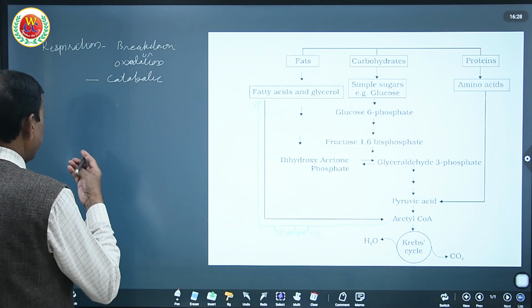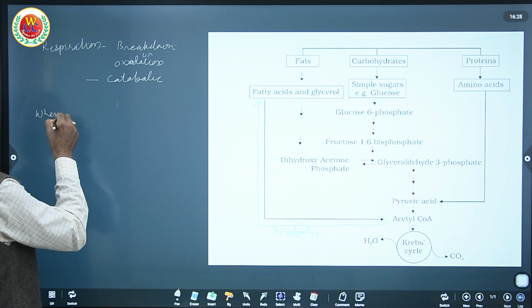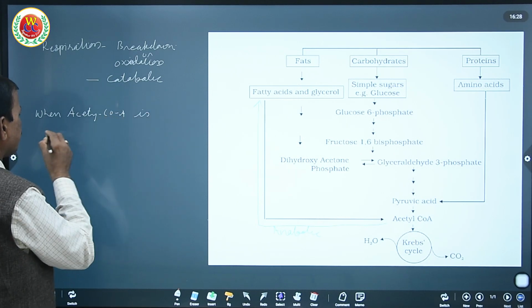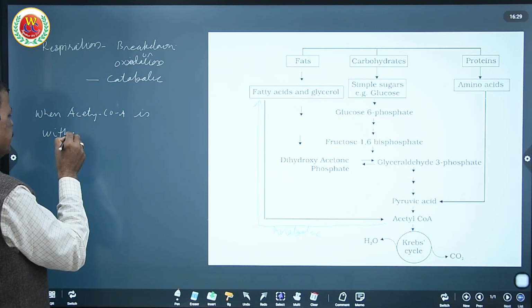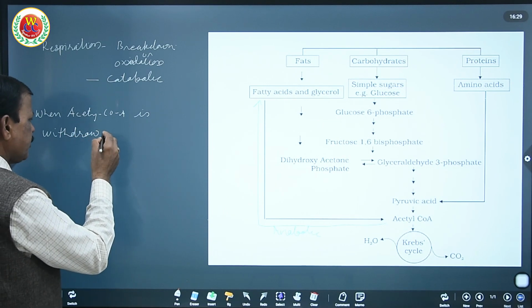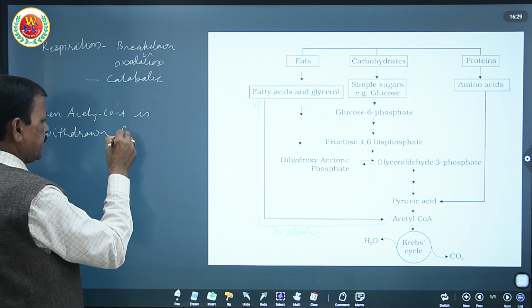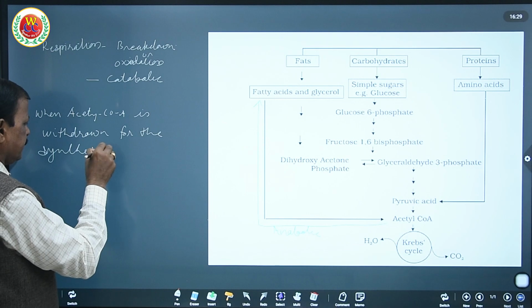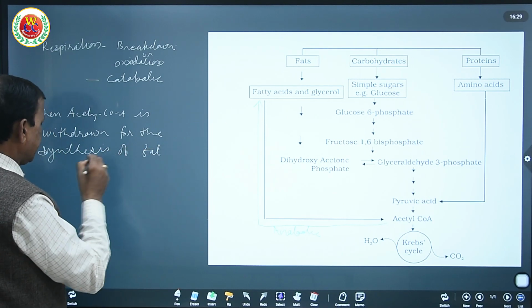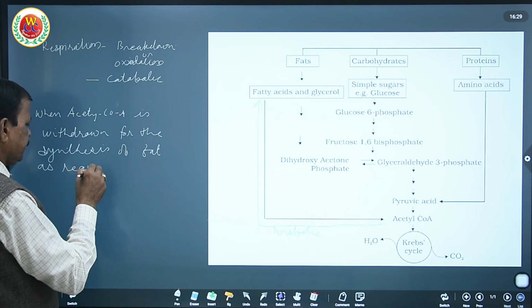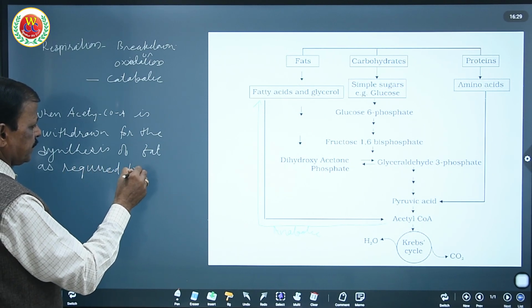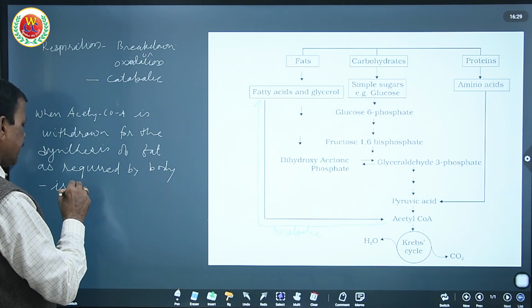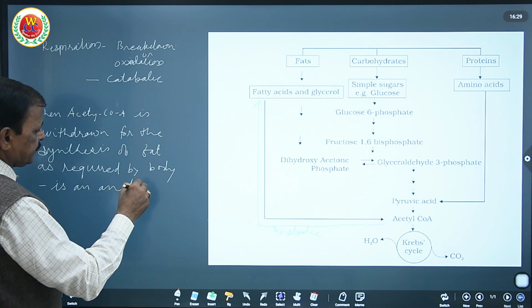So now when acetyl-CoA is withdrawn from that catabolic process for the synthesis of fat as required by the body, tissue, organ system or body, it is an anabolic process.